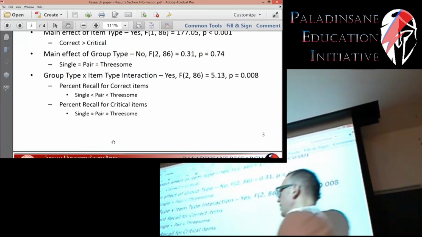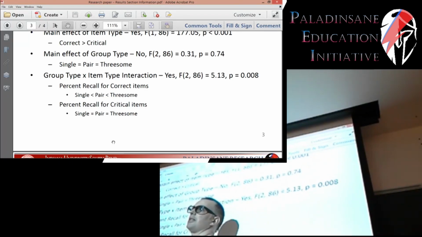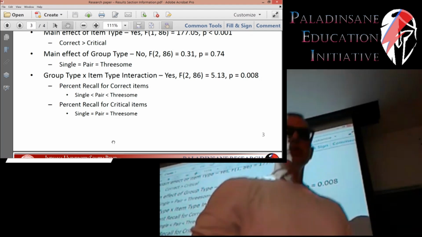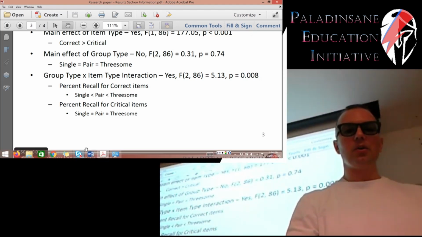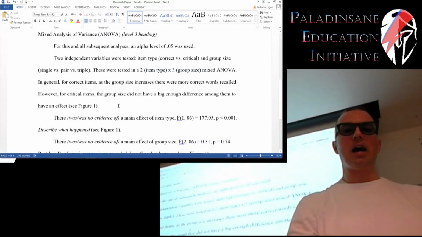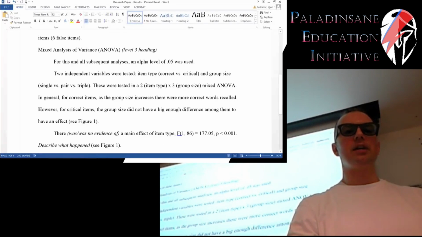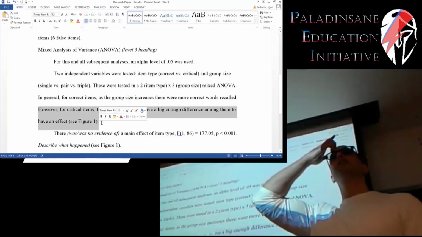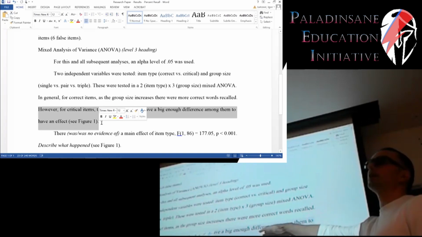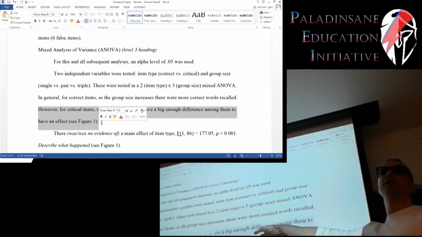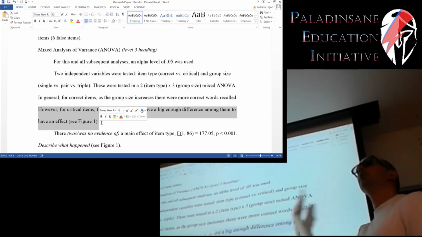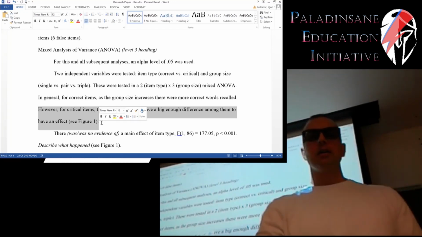So we'll see here that group size did not have an effect. There was no difference between percent recall for group size. So we are going to, once again, leave that now, because while this is, again, not well written, this would actually be, I feel, quite confusing to somebody who is reading this for the first time. It's true, we have it down, we can fix it later, we can make it better later.